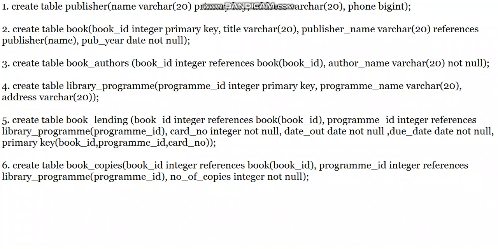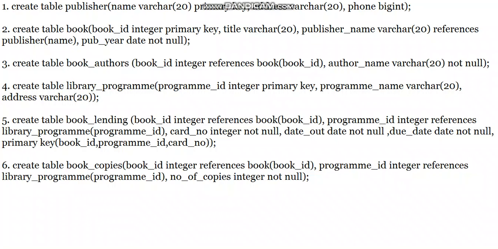So I am referring to book. Then program ID, an integer, references the library program table, and in that, program ID. The attribute names are the same. And card number, the student card number, is an integer and should not be null.